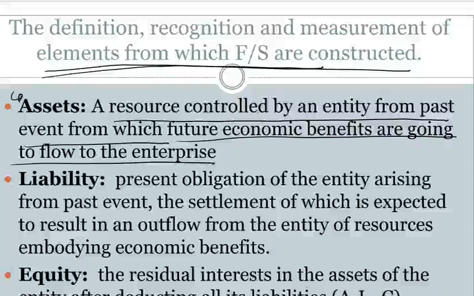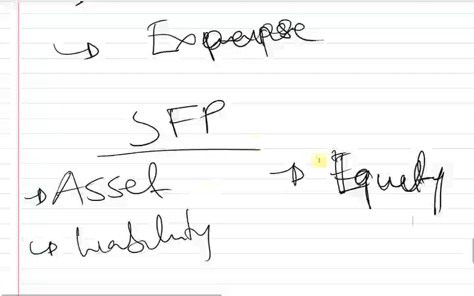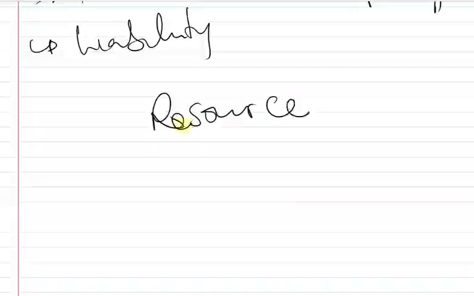So in the definition, we are saying that it needs to be a resource controlled by an entity, not resource owned by an entity. It needs to be controlled.